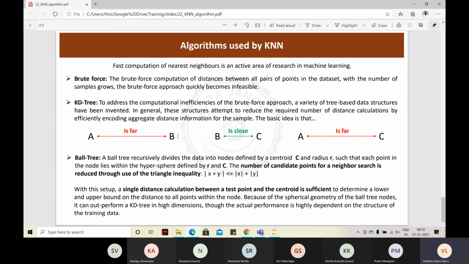You already have A and B, and you know that A and B are far. You calculate the distance between B and C. Definitely C is going to be far from A, because B is already far from A. No need to calculate the distance between C and A. That way you are reducing calculations.